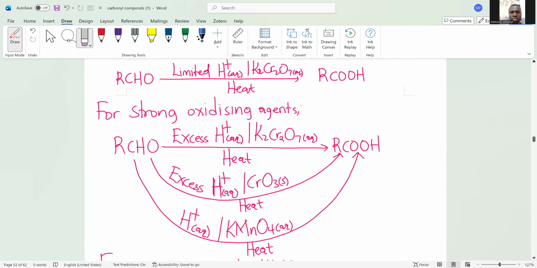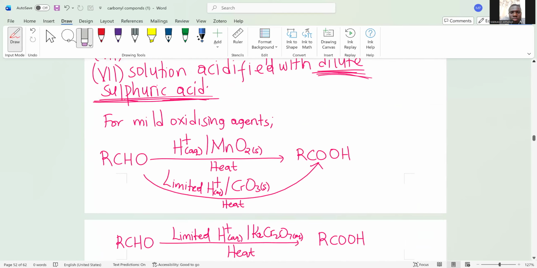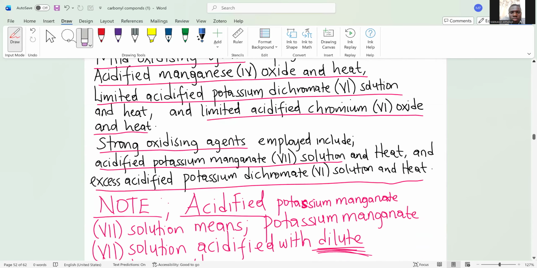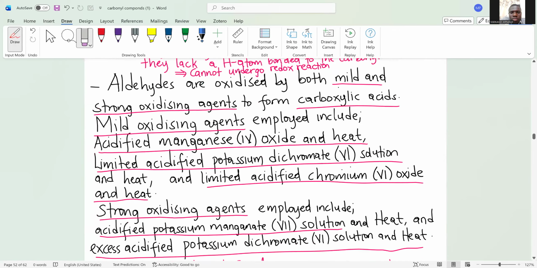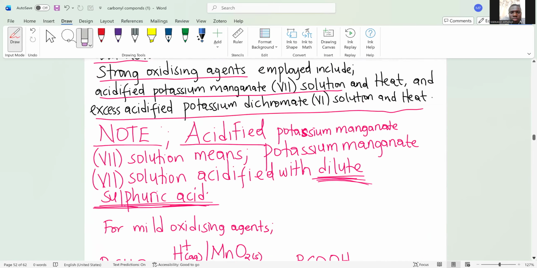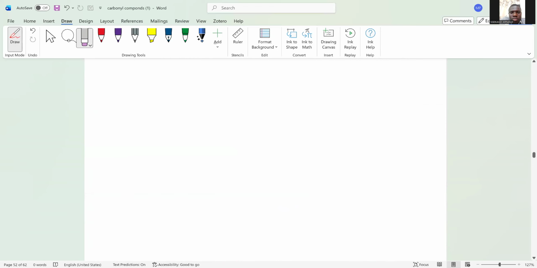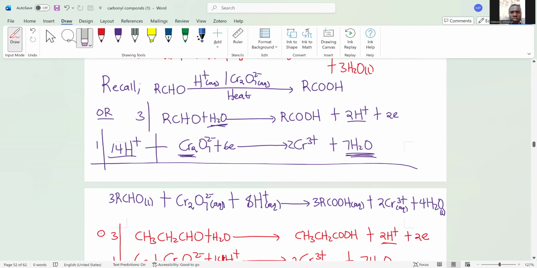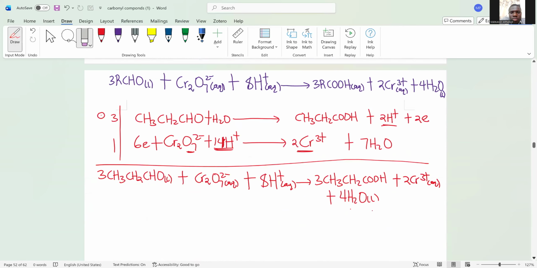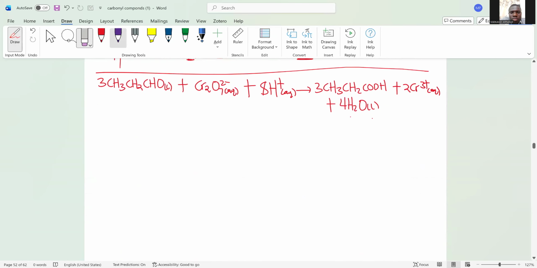Have it in mind that these equations can also be written in forms of half equations, which I have done. This is the question.